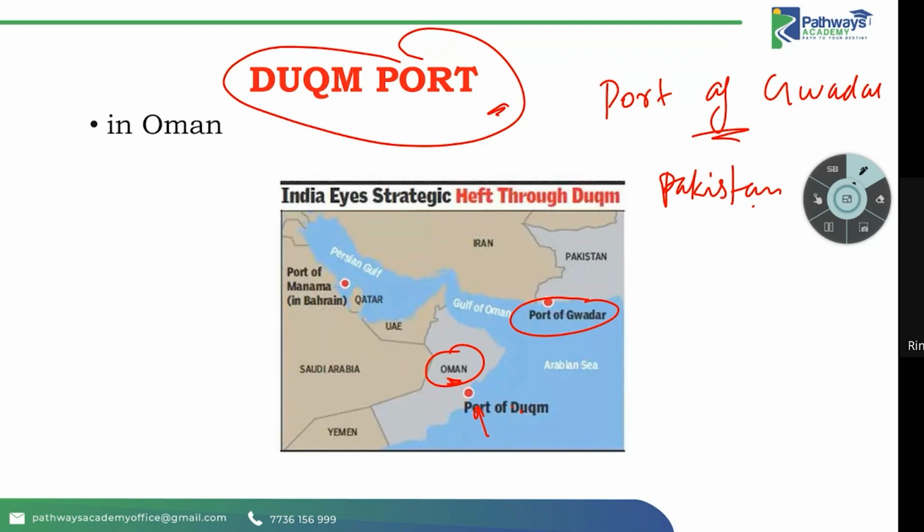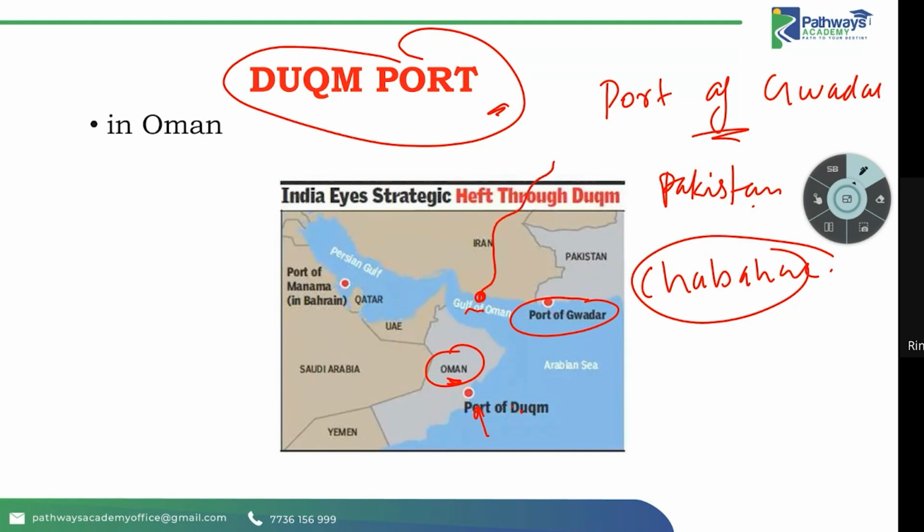To counter this port of Gwadar, India is also planning another port in Iran next to Pakistan. That is known as Chabahar port. Chabahar port is aimed to connect Indian Ocean to Afghanistan region. So Chabahar port is in Iran, Port of Gwadar in Pakistan, and Duqm port in Oman.